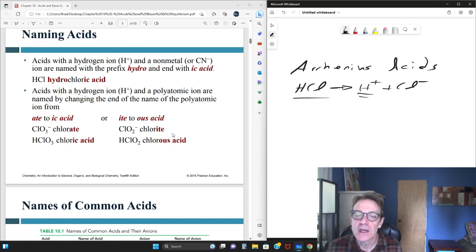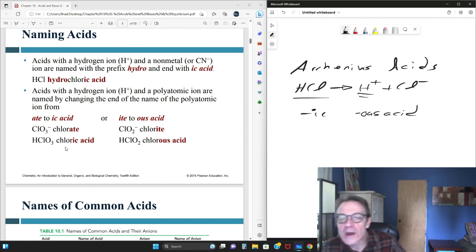Okay. Naming. This is probably as deep as I'm going to get into it, but if you see the ending ic, you have an acid of some sort, either ic or ous acid.